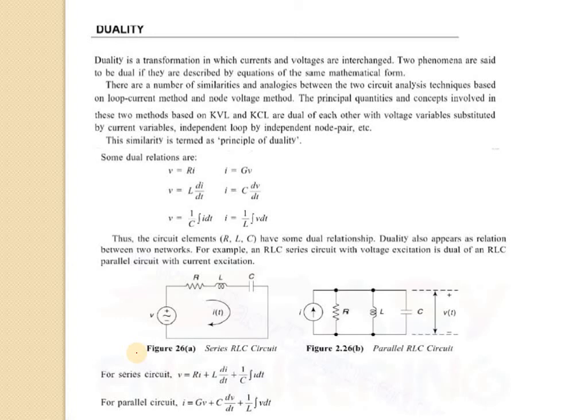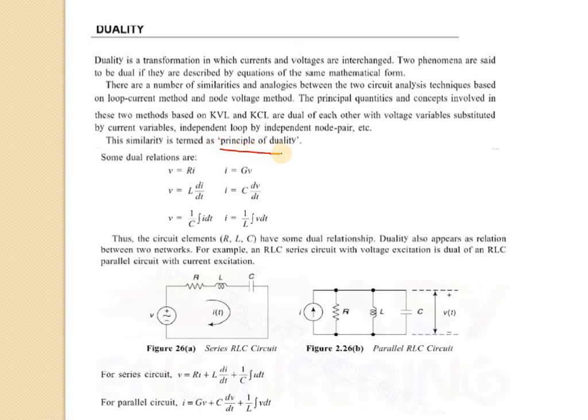The principal quantities and concepts involved in these two methods, based on KVL and KCL, are dual of each other, with voltage variables substituted by current variables, independent loop by independent node pair, etc. This similarity is termed the principle of duality.